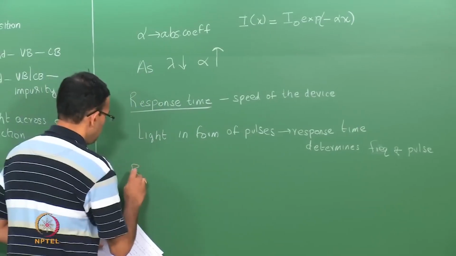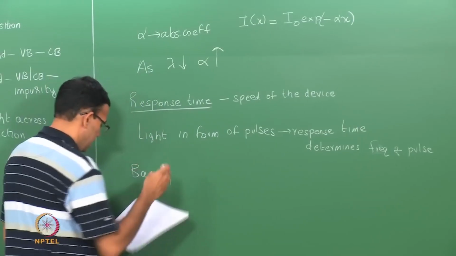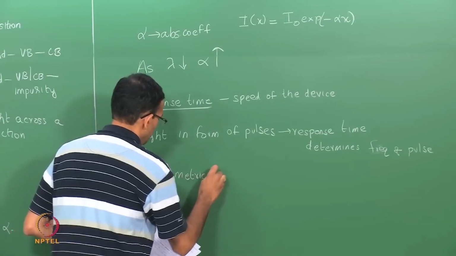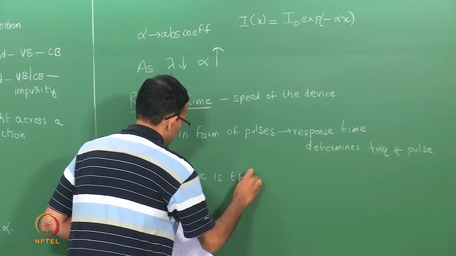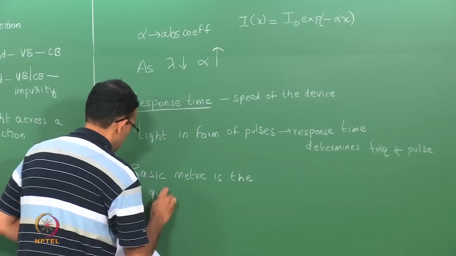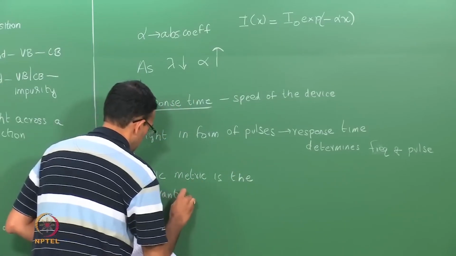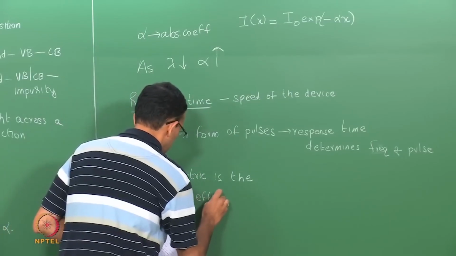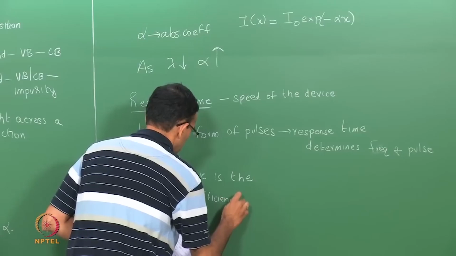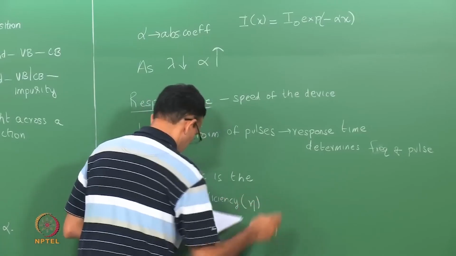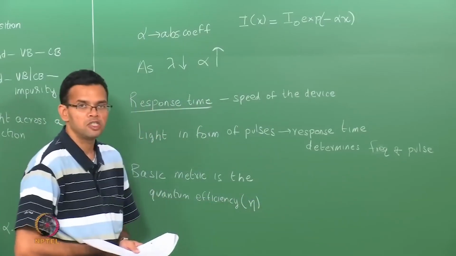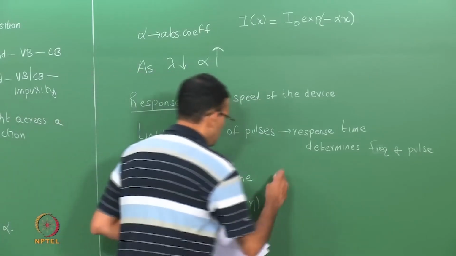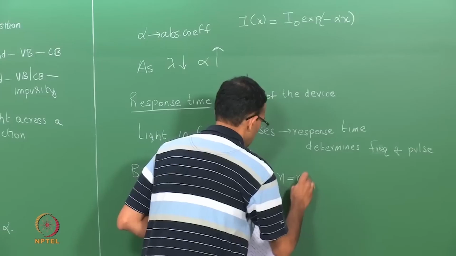The basic metric of a photodetector is called the quantum efficiency. The quantum efficiency is defined as the number of carriers that are generated per photon.